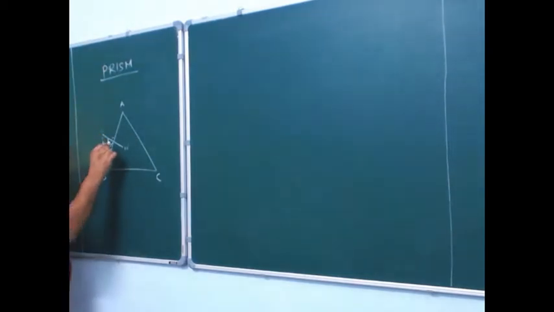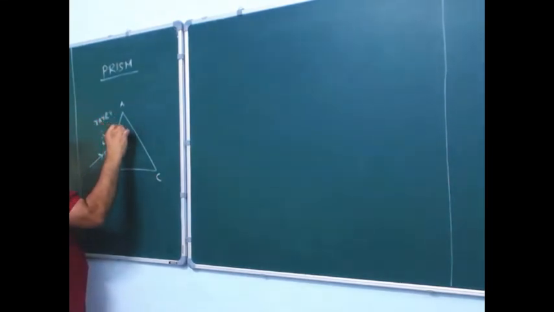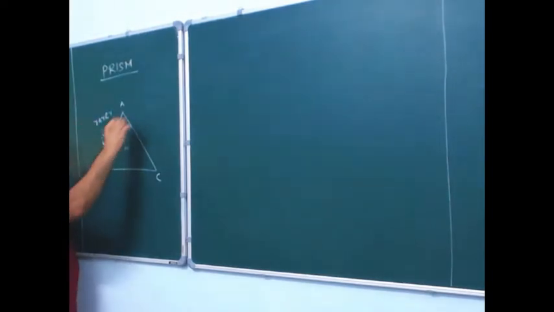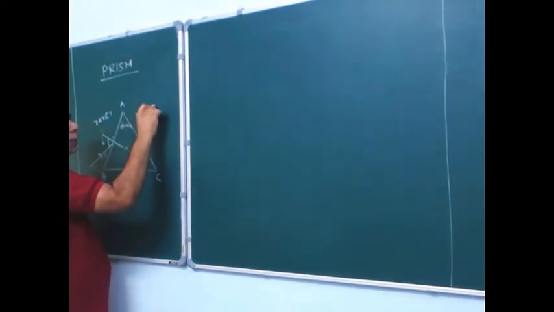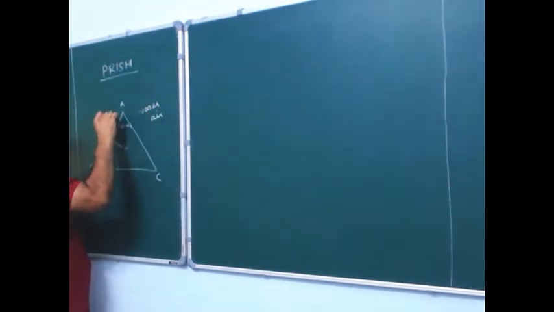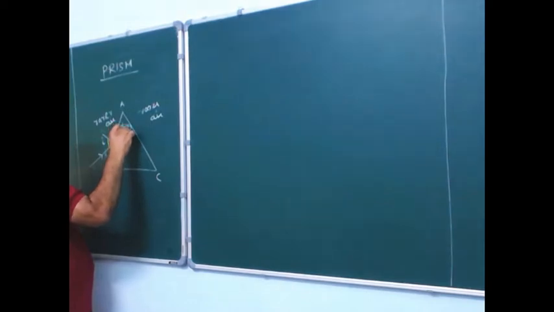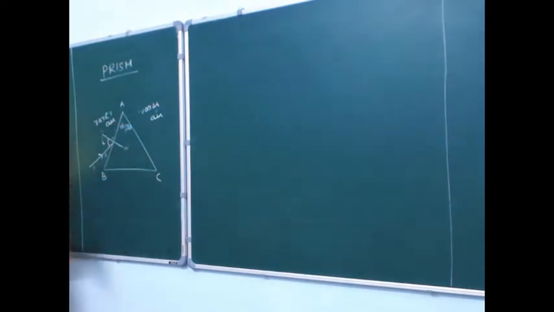You know very well, this is the rarer medium, and inside you have glass, so it is the denser medium. So this is denser, and outside is rarer. Do you understand?